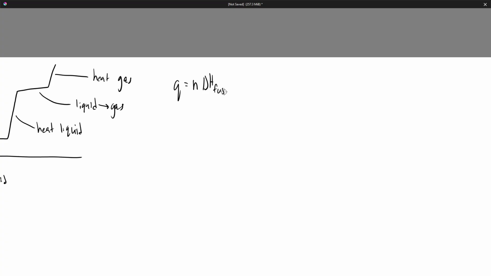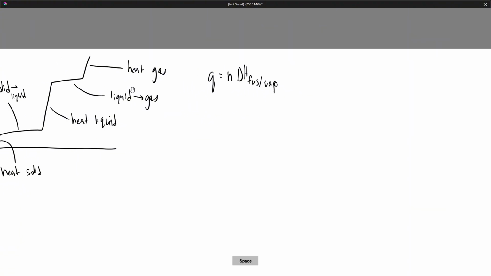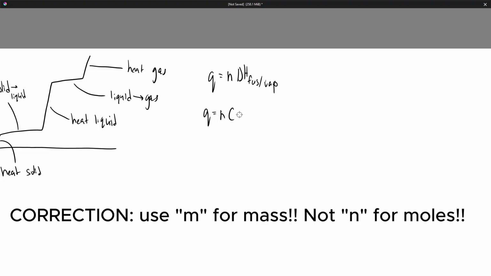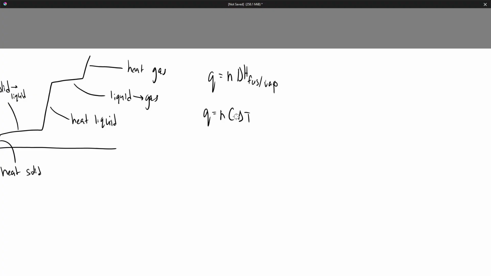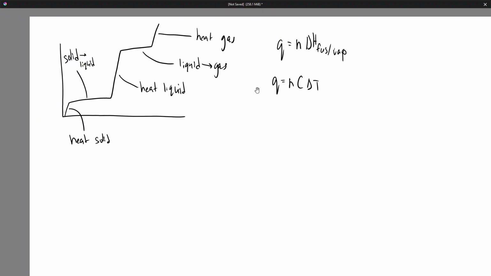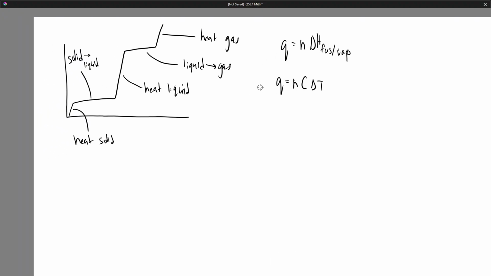So it's fusion or vaporization. And for these slopes, you want to use the equation Q equals N C delta T, the number of moles times the specific heat capacity times the change of temperature. So it says we're starting at a melting point, which means we start at this equation right here.